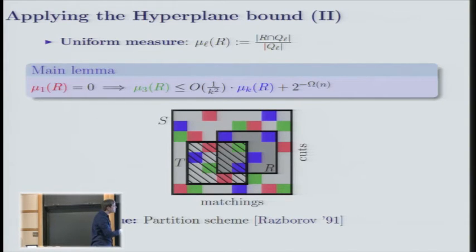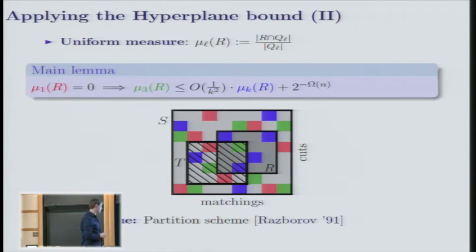These rectangles are nicer structured, so it's easier to show it here than in general. This is a very high-level picture. I'll try to be more precise in a little bit.